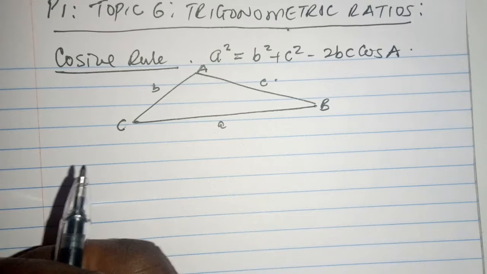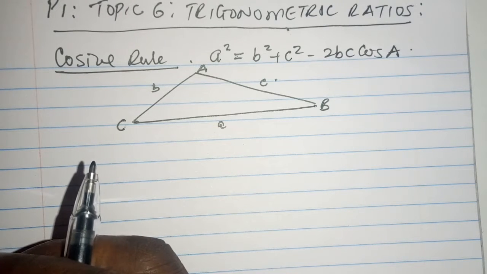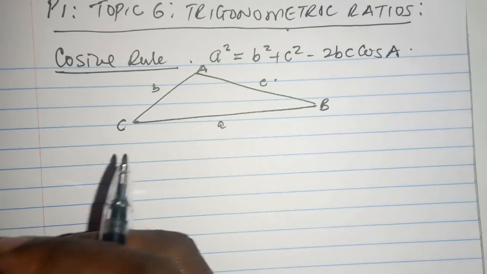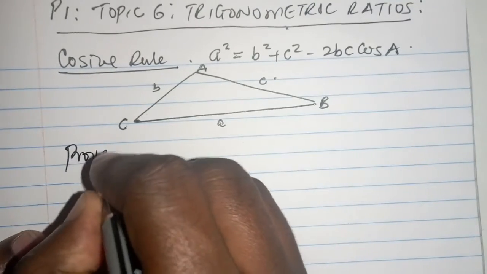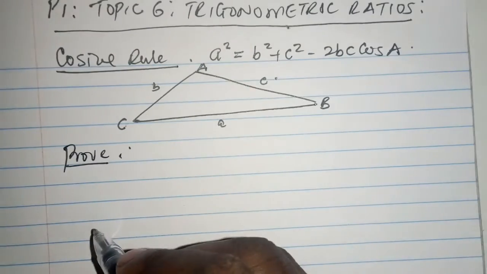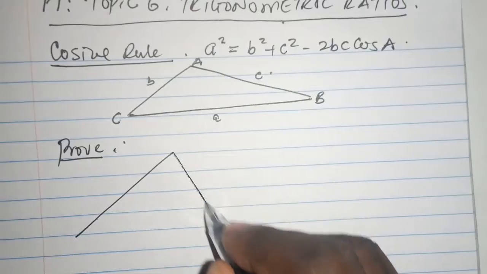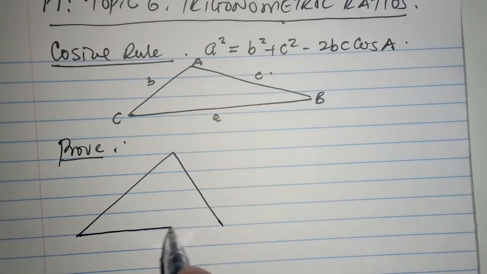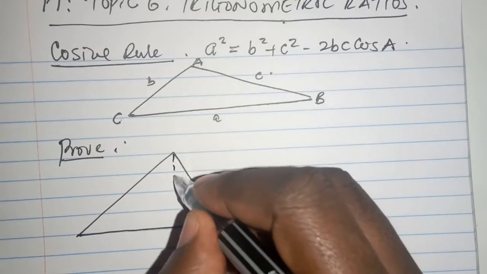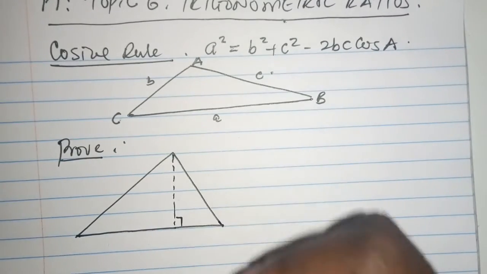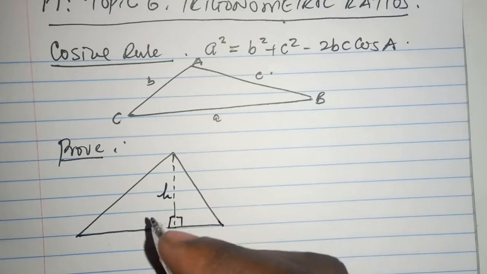We can use standard trigonometric ratios for right-angled triangles to prove the cosine rule, and this is just what we want to do. Take a general triangle with a perpendicular height h.